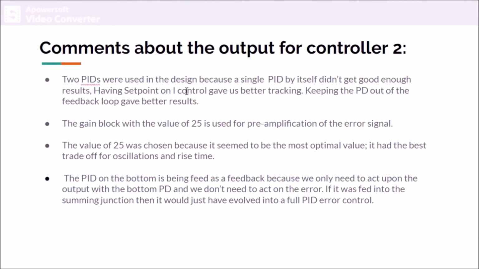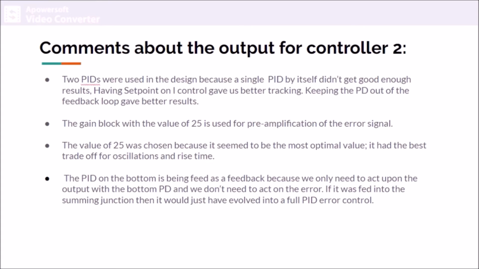The reason we chose 25 is that we felt this is the pre-amplification for the error signal, and from tweaking this gain value, we found it was the best trade-off between oscillation and rise time. The PID block at the bottom is fed with the output of the system, the process variable, and the block at the top is the integral action fed with the error only.